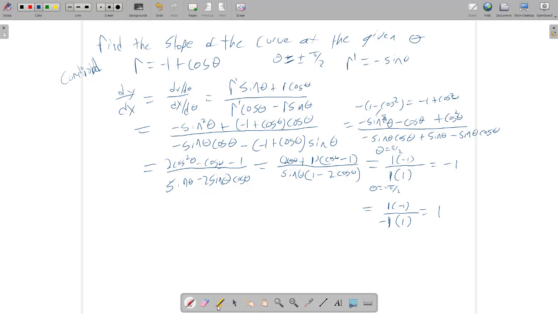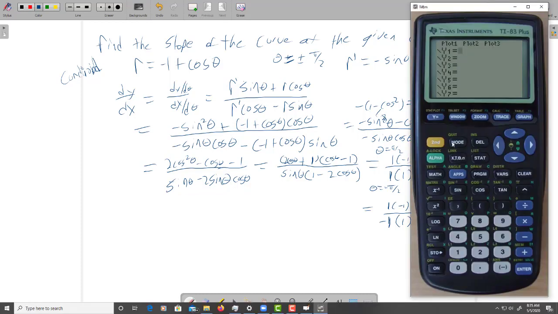Let's take a look at those graphs. I need to be in polar mode. Negative 1 plus cosine theta. Then let's take a look at the window. 0 to 2 pi is fine.